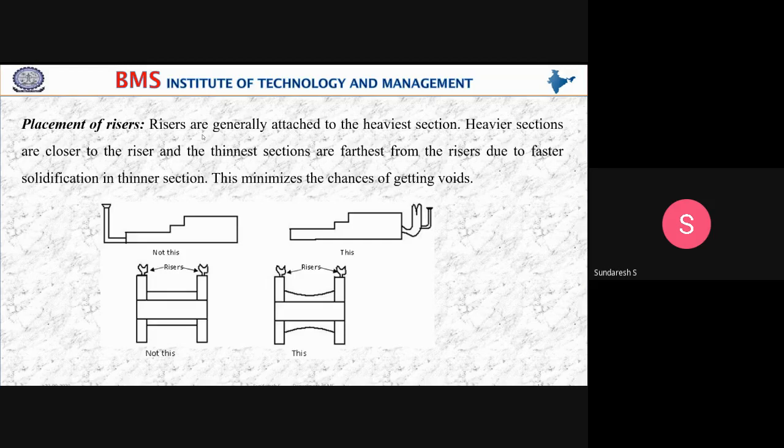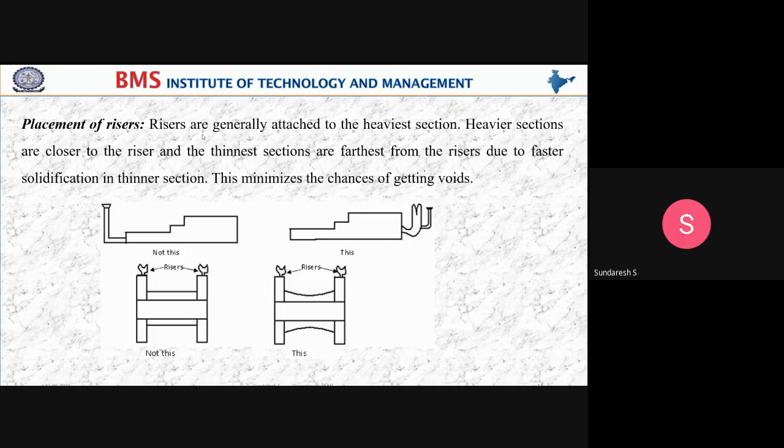This difference in the rate of solidification will always result in voids. Therefore the risers are always attached close to the heavier sections, and the thin sections are very far away from the risers, so that the time taken for the material to flow to the thin sections is more than the time taken to flow to the thicker sections.